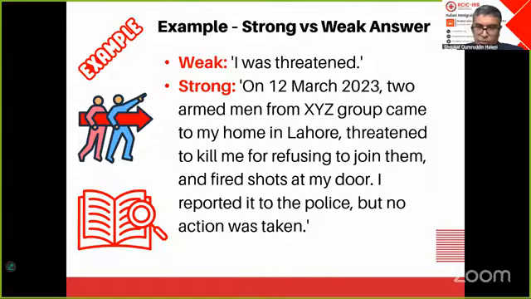I reported it to the police, but no action was taken. See the detail of that event. You will always mention all those details and make your statement concrete.